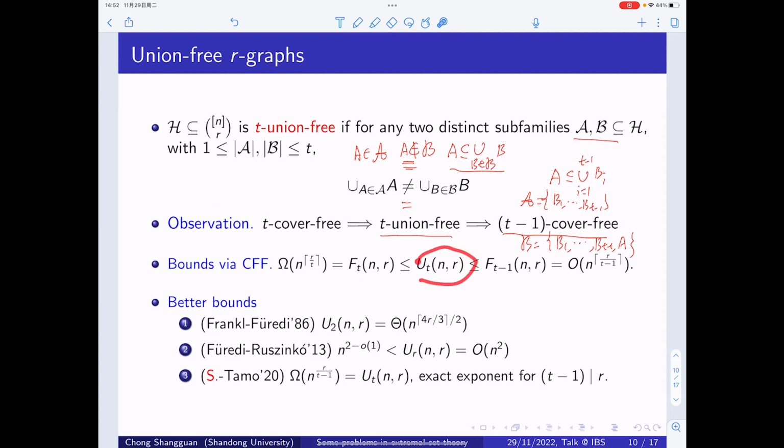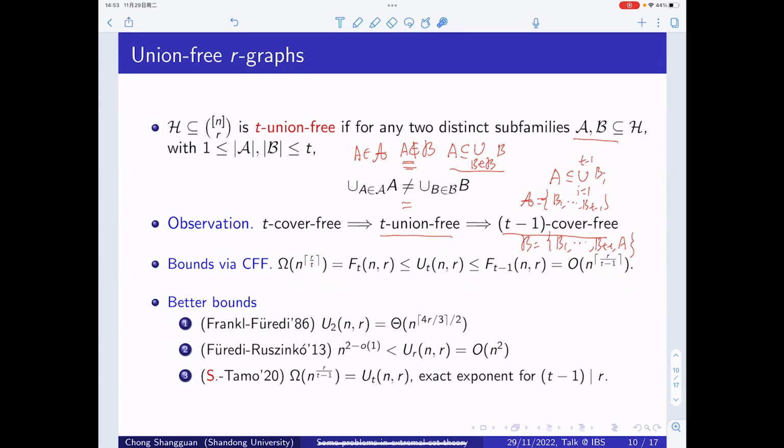So for U_t(n,r), we have this lower bound given by F_t(n,r) and this upper bound given by F_{t-1}(n,r). You can see that the exponents of n, and we always care about the exponents of n, in the upper and lower bounds do not match for many parameters.